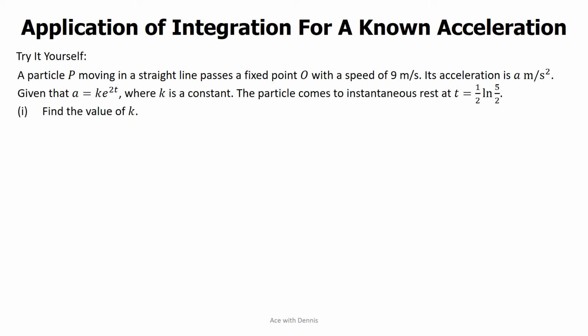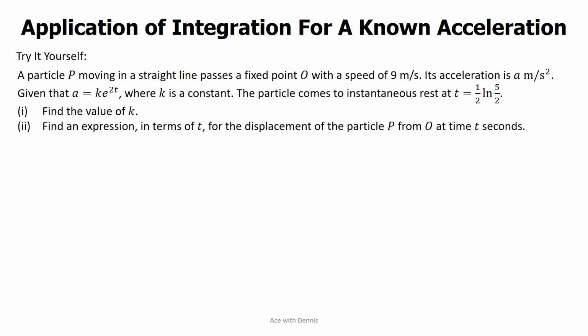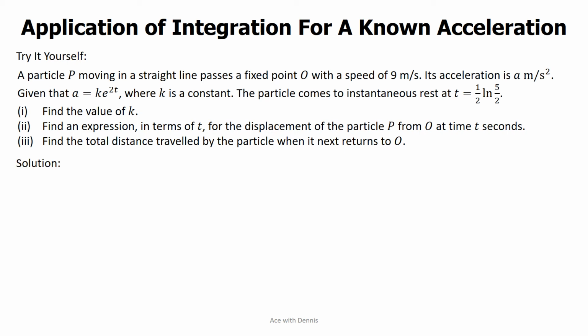Find the value of k. 2. Find an expression in terms of t for the displacement of the particle P from O at time t seconds. 3. Find the total distance traveled by the particle when it next returns to O. You can pause the video and try to solve it yourself.